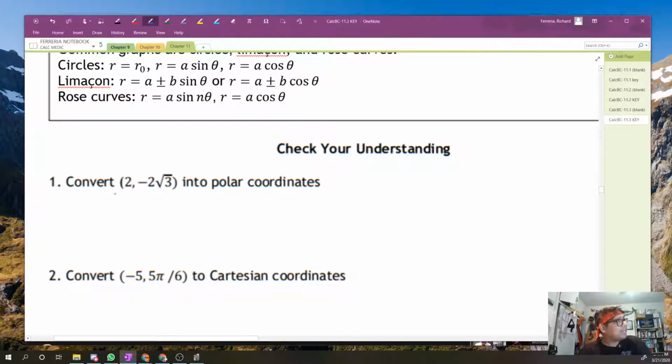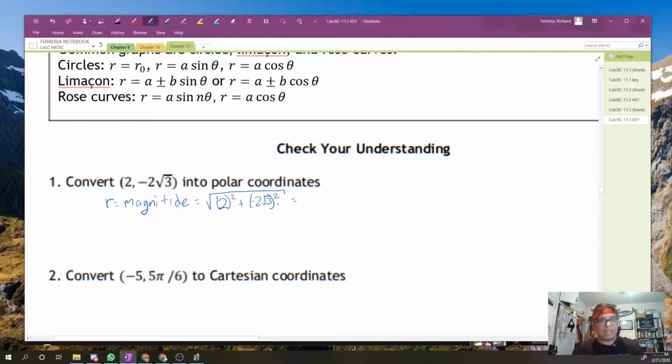So the radius is just the magnitude. So the magnitude here is equal to the square root of 2 squared plus negative 2 root 3 squared.